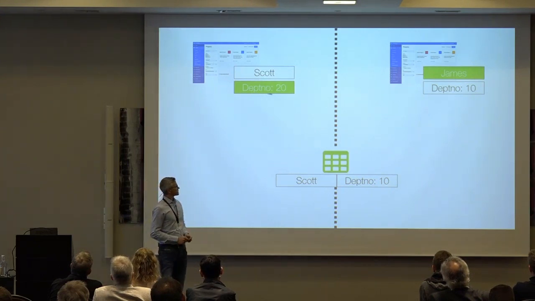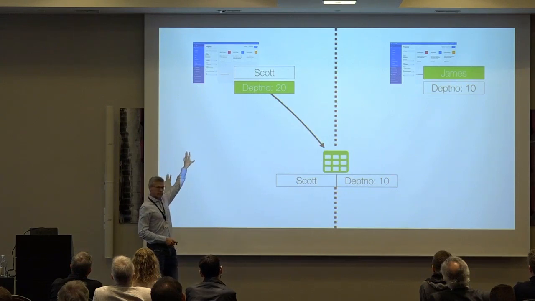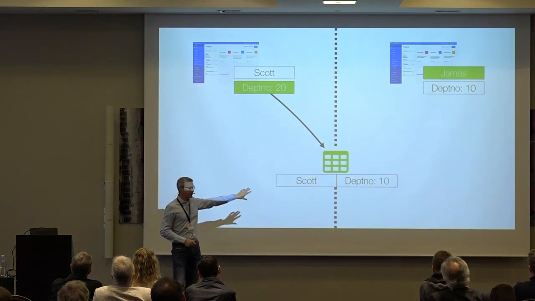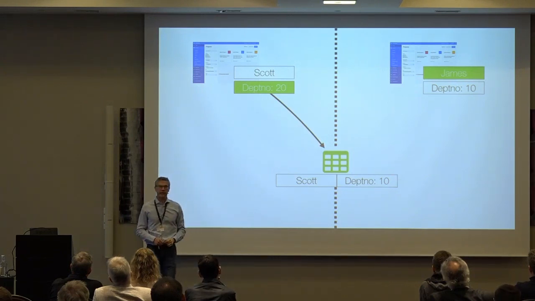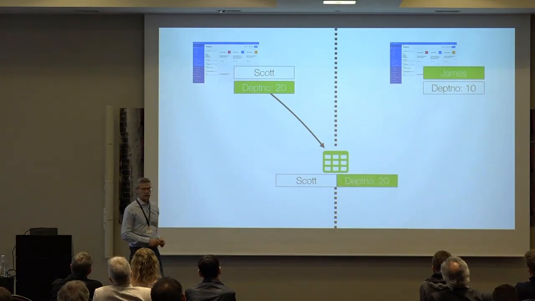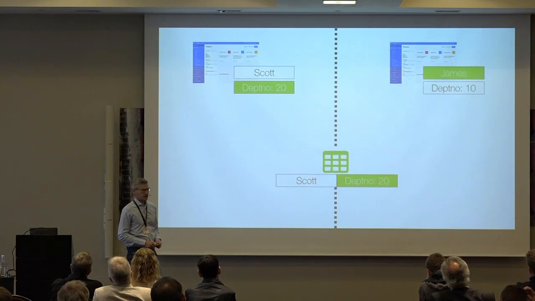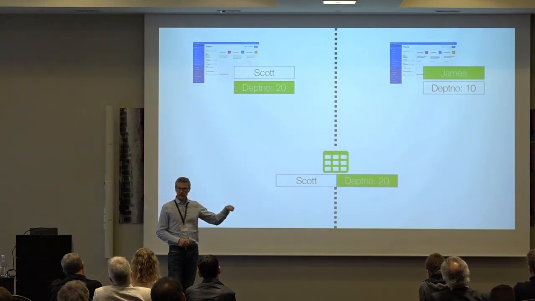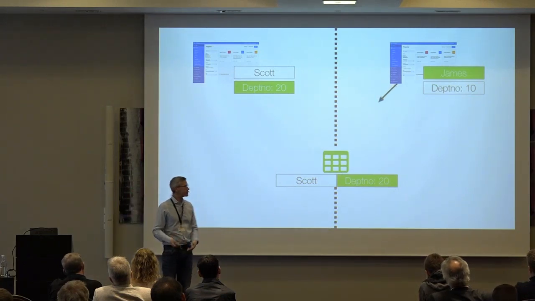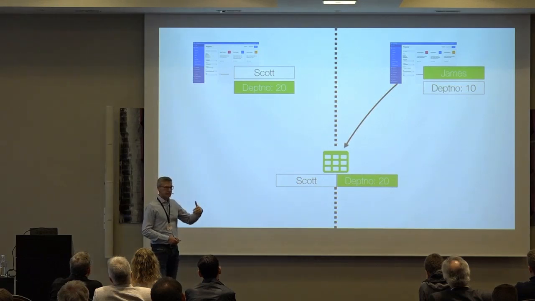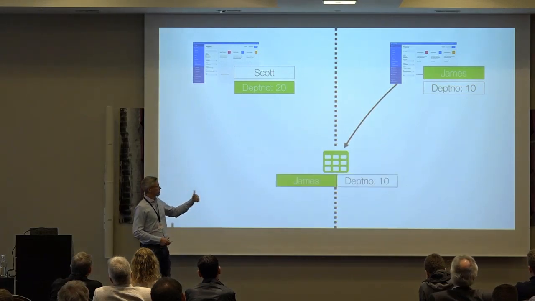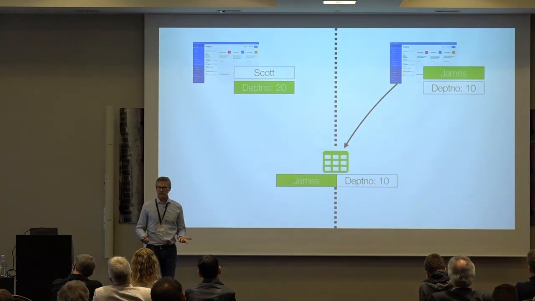So the first session hits save, gets the database connection, gets all the data from the page, and updates it in the database. So the department number is changed, and the database connection is gone. Now the second user hits save, gets the database connection, issues an update based on the values from the screen, and he wins, basically.